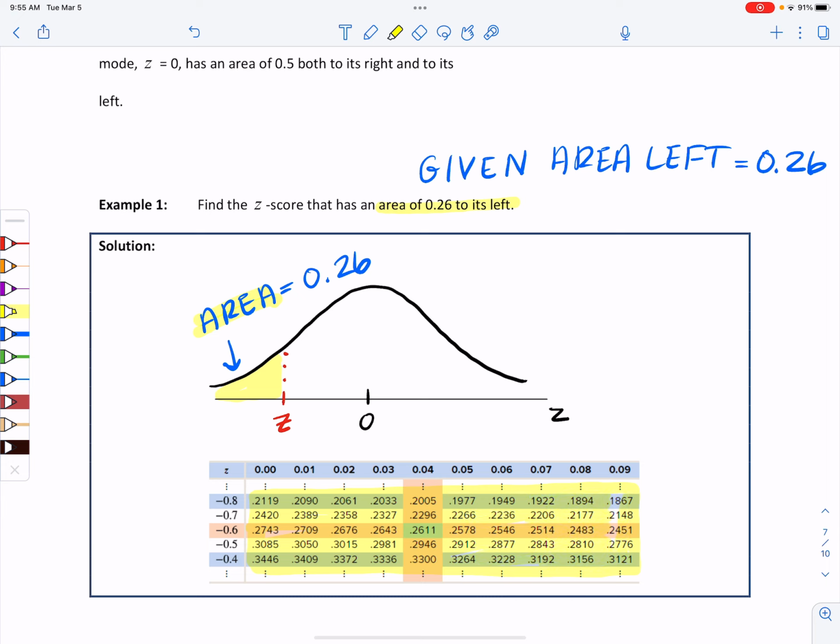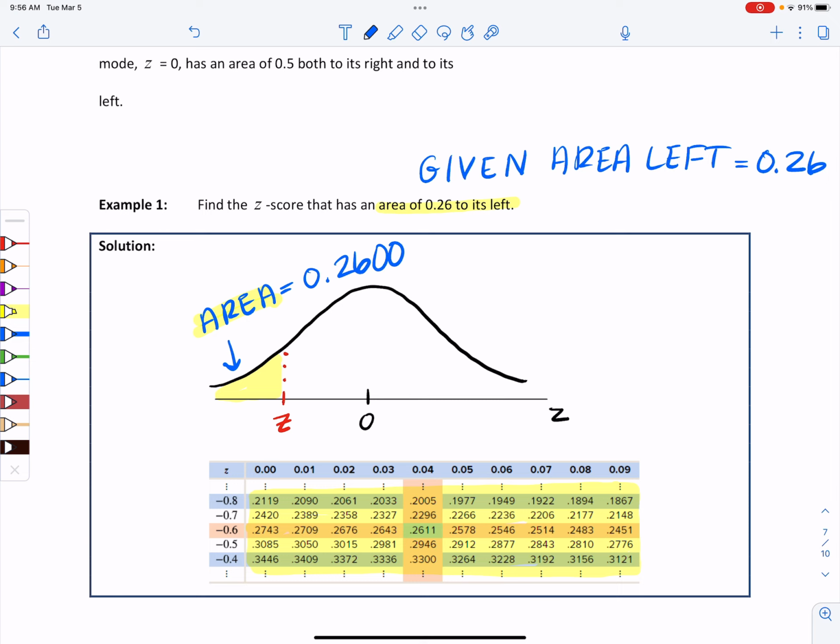You look for that area inside the table. What I like to do with my areas when they're given is write them to 4 decimal places, because that's what I'm going to compare against inside my table. Then you get as close as you can to that area. You're probably not going to find the exact area.